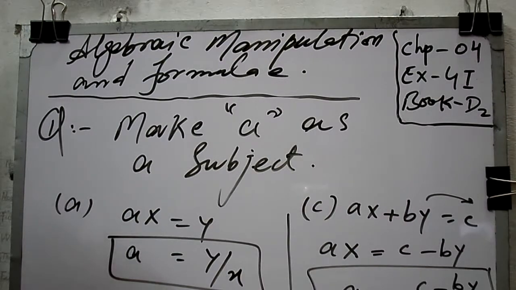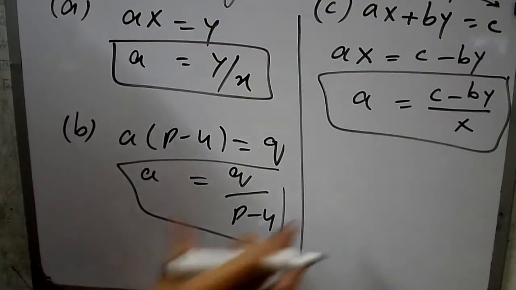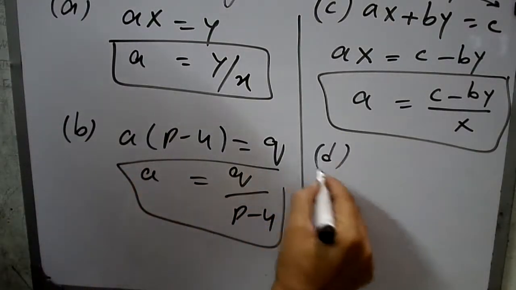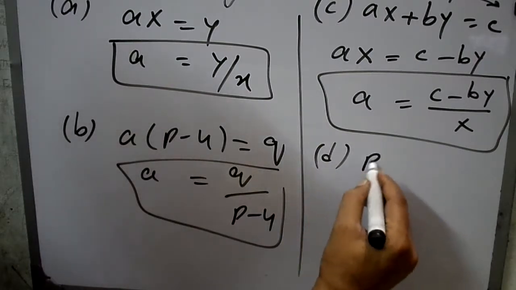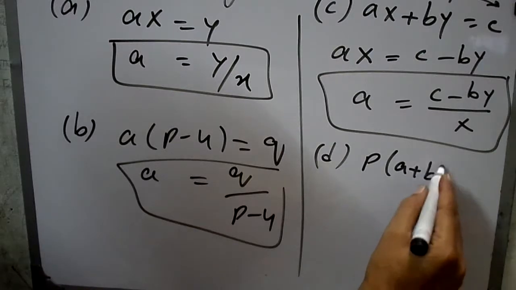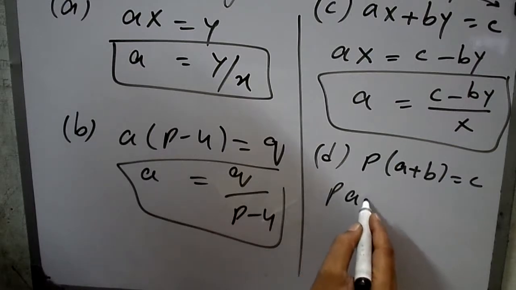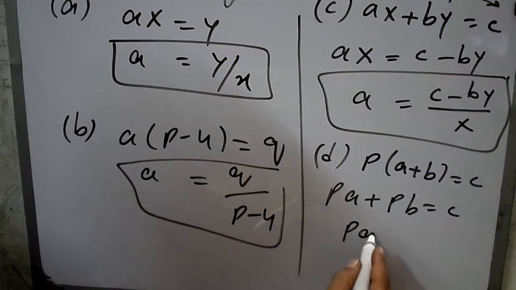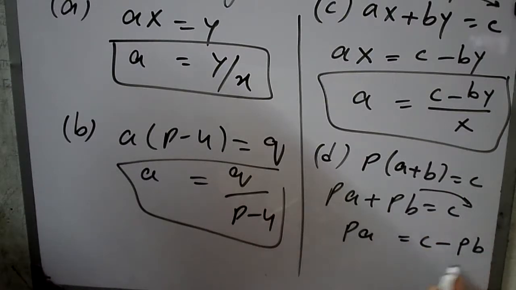Similarly, in D part, you have been asked to find the value of A, where P into A plus B is equal to C. So multiply it, so you will get PA plus PB is equal to C. But you need the value of A, so shift PB here as minus PB.